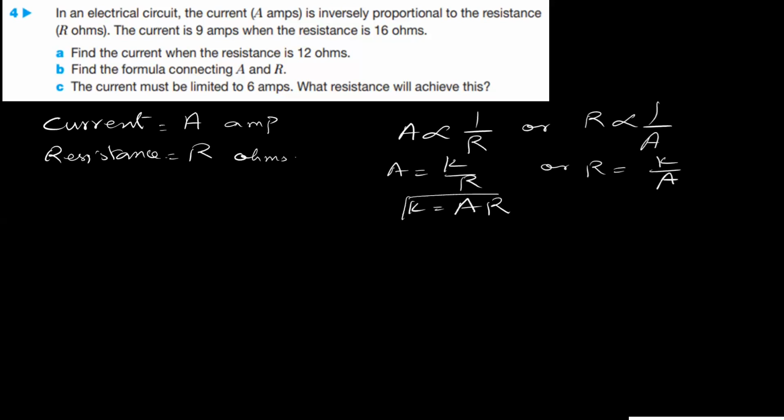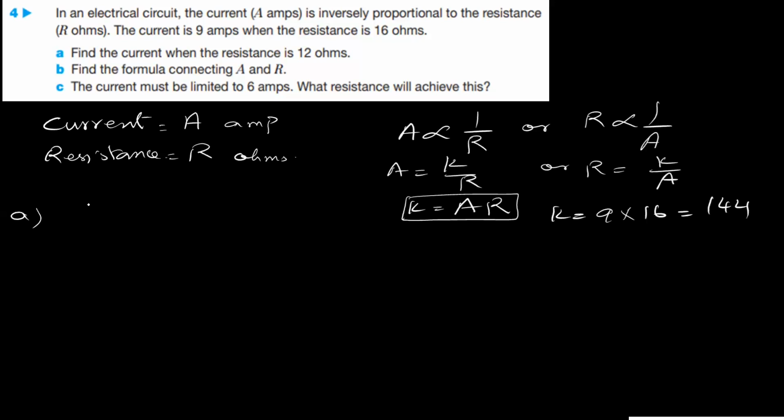So we have the equation K equals A times R. It is given that the current is 9 amperes and resistance is 16 ohms. So we can find the value of K by putting these values of A and R. This is 9 times 16, which will be equal to 144.